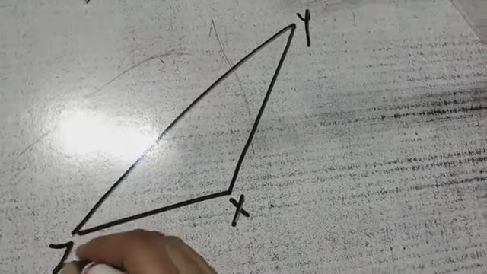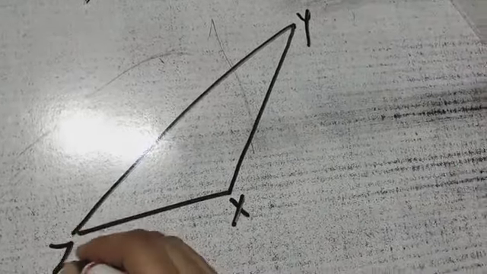Okay, let us say this is an isosceles triangle. We are saying that this is an isosceles triangle ABC.